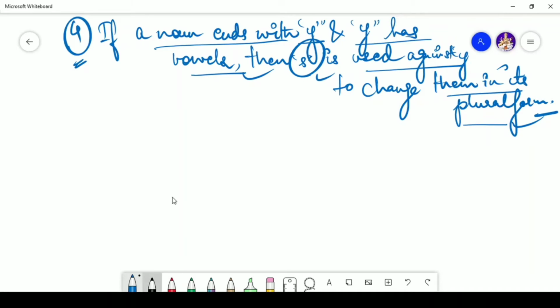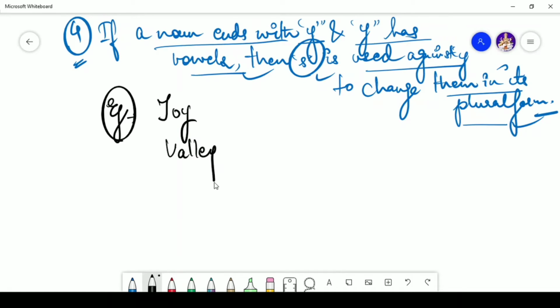Let's say, for example, if you are talking about toy or valley or monkey, in all of these cases, if you watch out, all of these nouns end with Y, and Y has vowels before it. O is a vowel, E is a vowel.